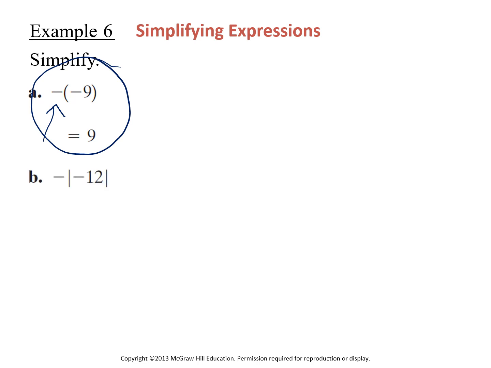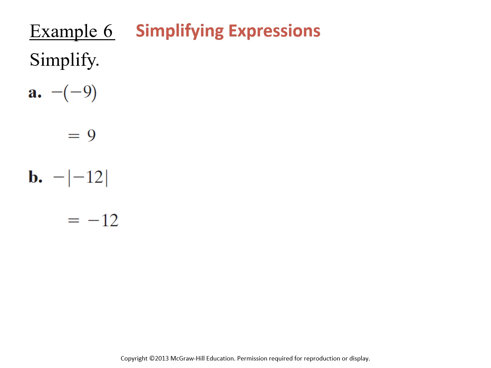This is the opposite of the absolute value of negative 12. So we know the absolute value of negative 12 is positive 12. And so the opposite of 12 will give us an answer here of negative 12.